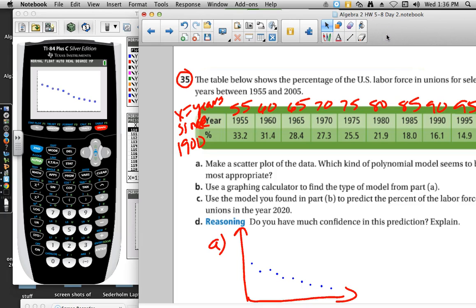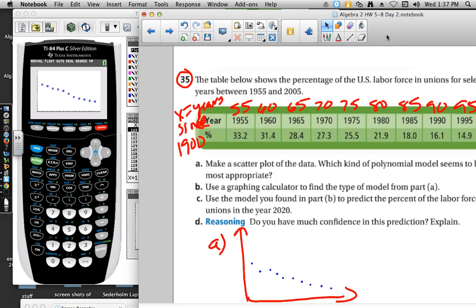Well, if we see that scatter plot, that almost looks like a line for 35. I mean, if we just connected those up, there would be very few that we are not able to get in there. So we could say a line, or we could say, well, it does look like it has a little bit of a curve to it. So maybe with that little bump in there, this is going to be part of a cubic.